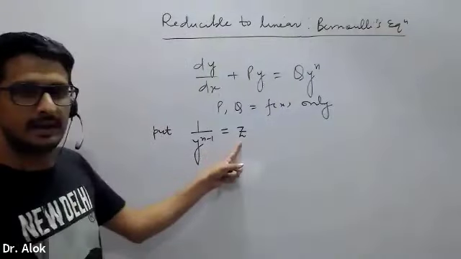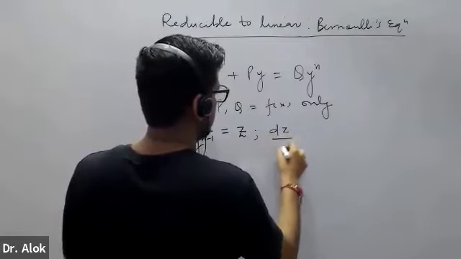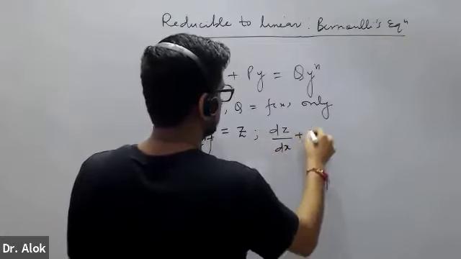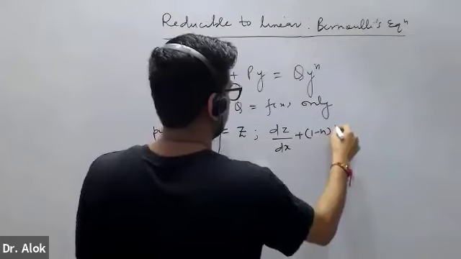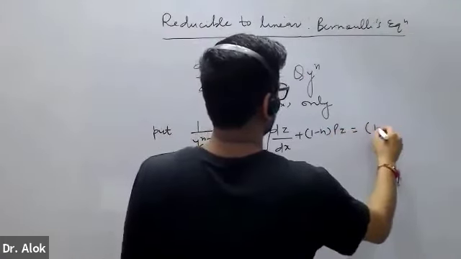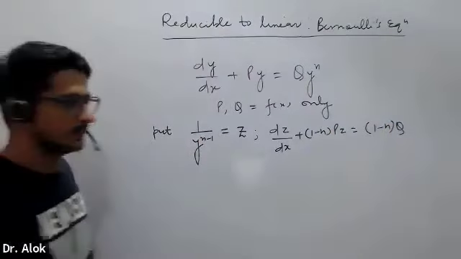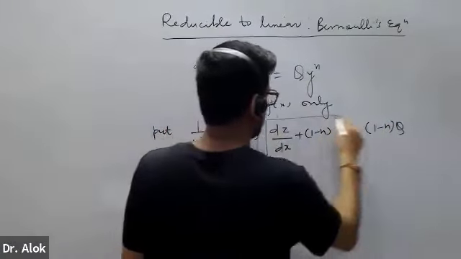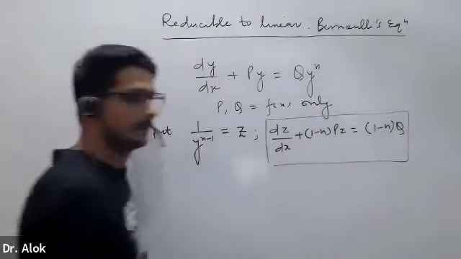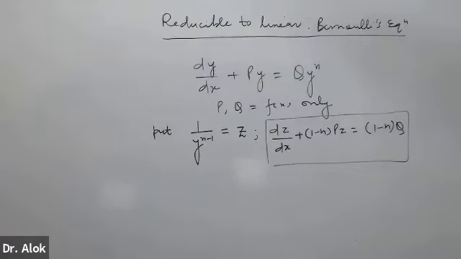Where y was the variable, it is now z. So it becomes dz by dx plus (1 minus n) pz is equal to (1 minus n) q. This is the transformed equation that we get.